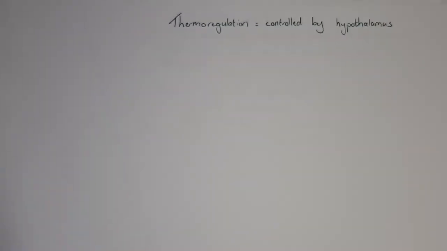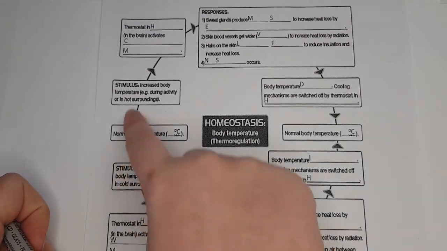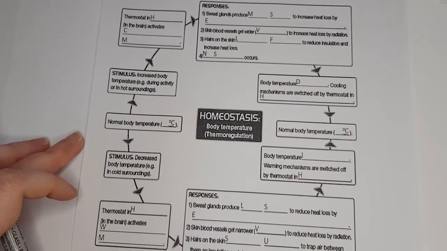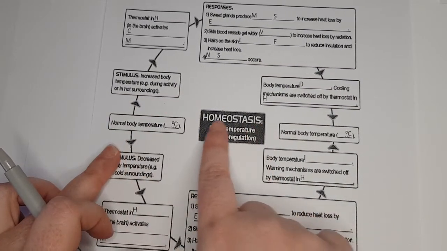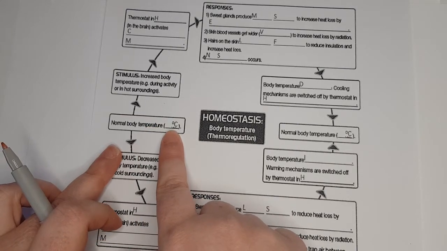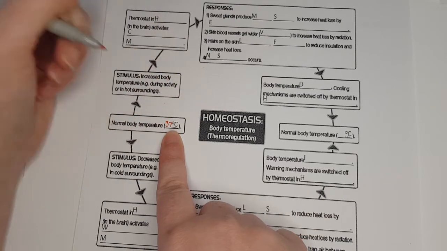So now if we look at that in terms of our feedback mechanism. So remember, this whole thing happens in a feedback mechanism loop. So we start at normal body temperature, and normal body temperature is 37 degrees on average.